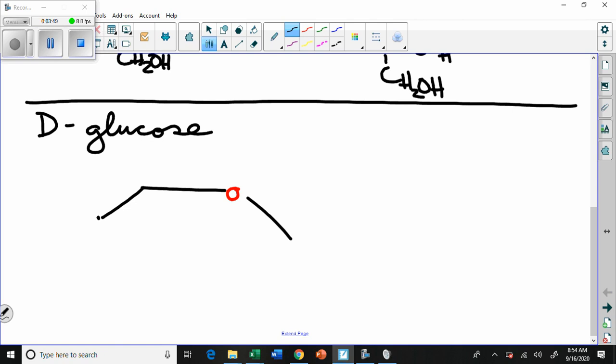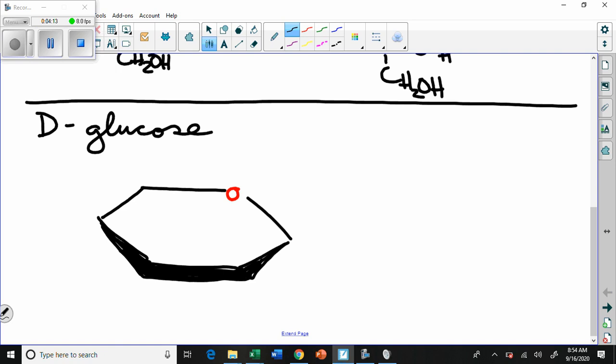And then we put the thicker line here at the front, like a triangle shape, showing it sticking out, and then we go across the bottom and fill it in like this. That's a very thick version of the Haworth projection of glucose.